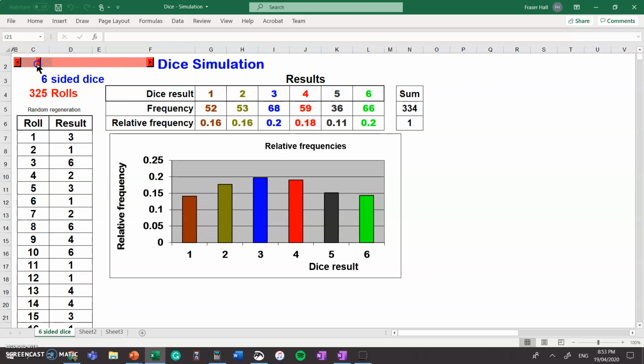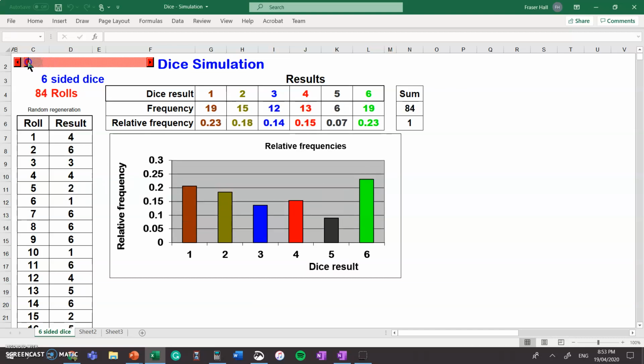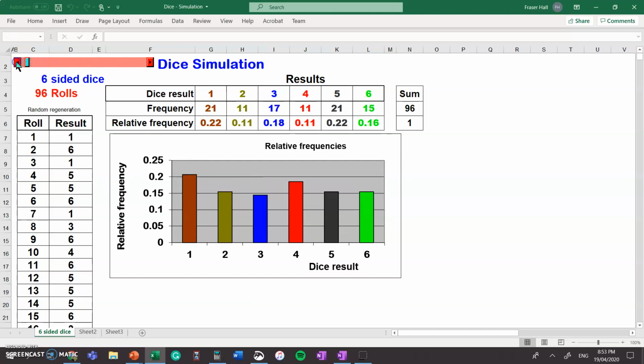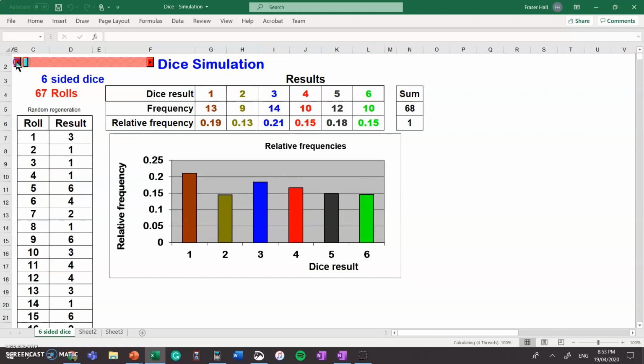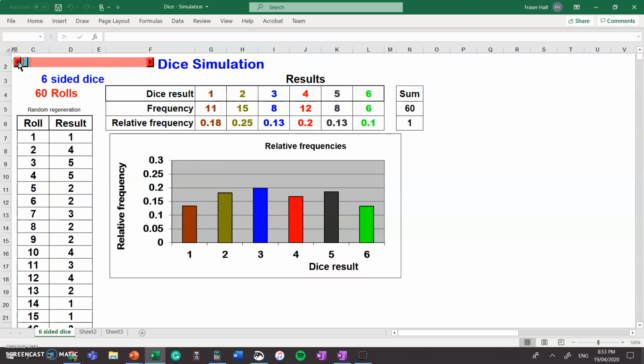So if I then increase that to our 60 rolls, you can see that they should be 10, and we've got 11, 15, 8, 12, 8 and 6. So 60 rolls isn't really enough trials to get our answer.